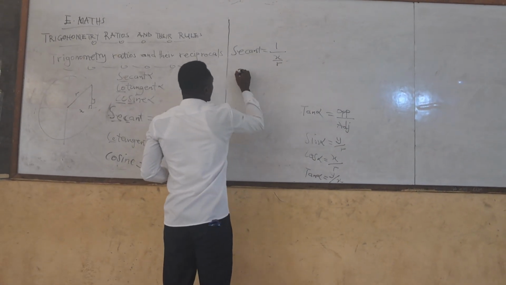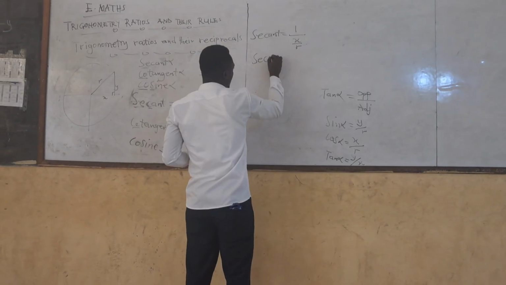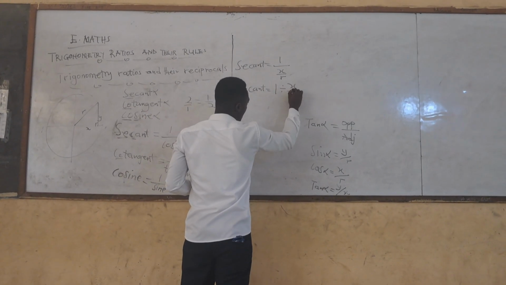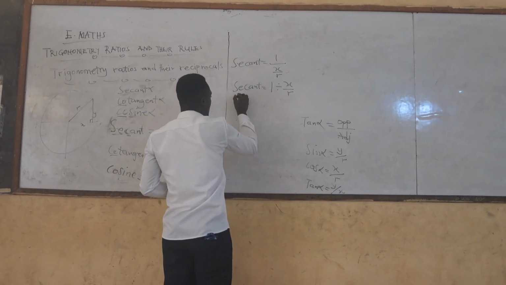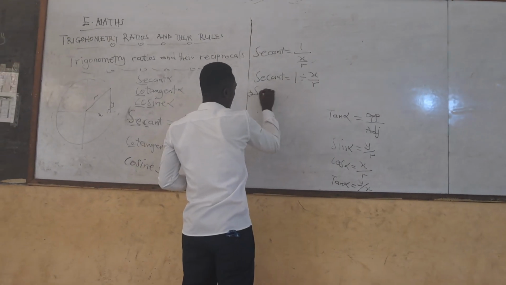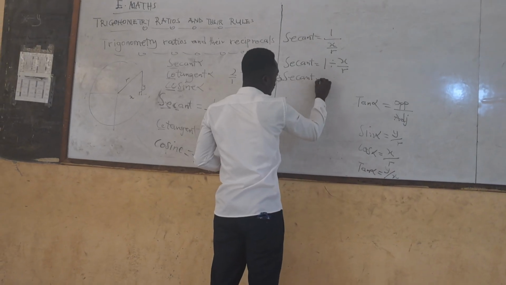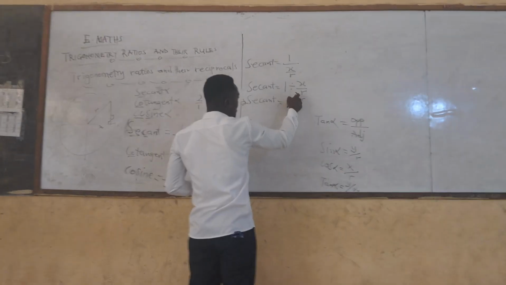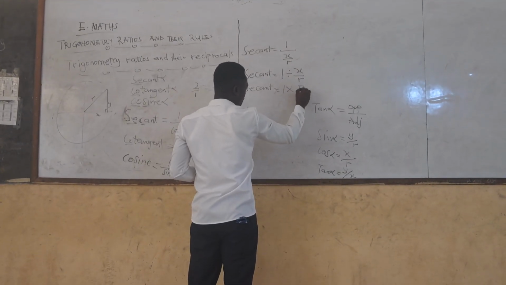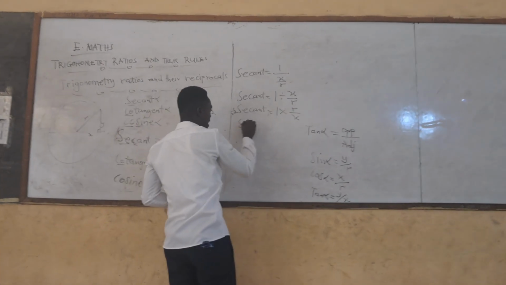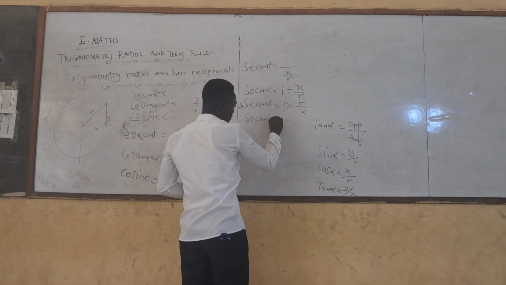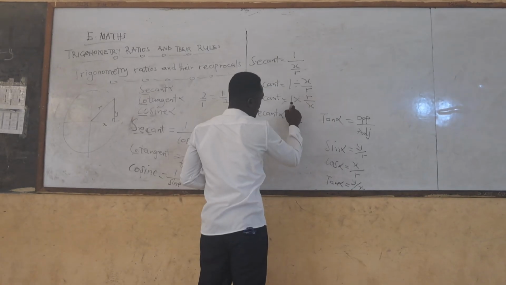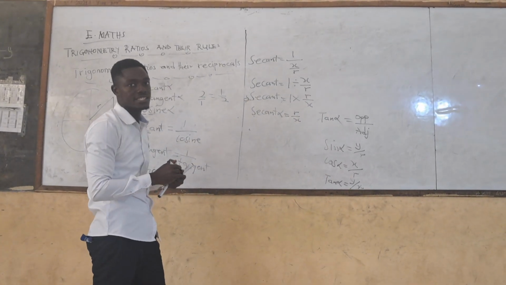Meaning secant is equal to 1 divided by x over r. Therefore, secant is equal to 1 times r over x, because if you want to move the division sign, we reciprocate the fraction. Therefore, we have secant alpha equal to r over x, because 1 times anything gives the same thing.